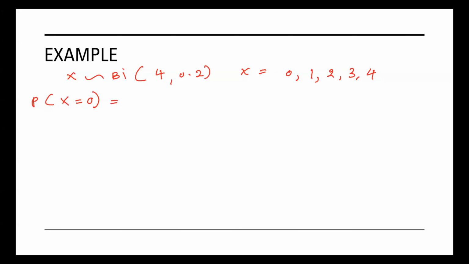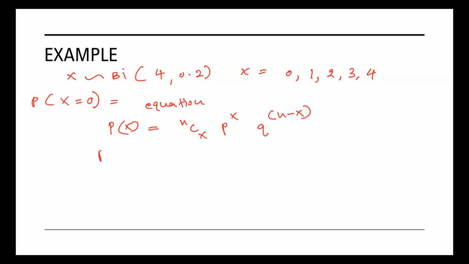Now, if they have asked to find the probability when x equals 0, how to find that? Let's see. Then you have to use the formula, which is P(x) equals nCx p to the power x into q to the power n minus x.